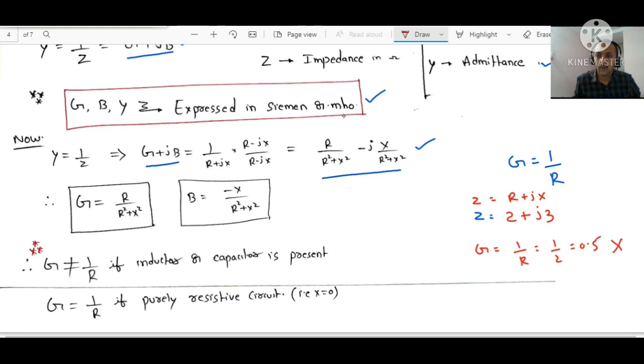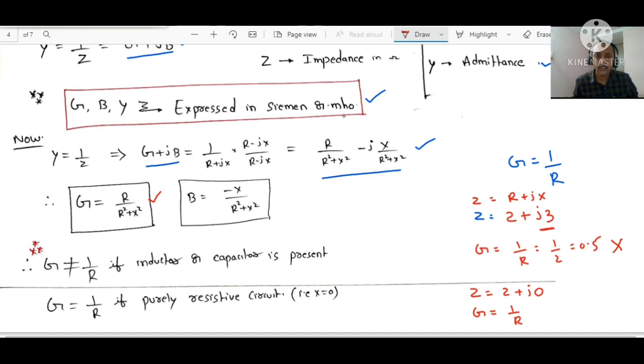But this is wrong. If you are having inductive part, or if you are having reactance, it is wrong. If I say only Z equal to 2, if there is no imaginary part, then your answer is correct. If Z equal to 2 plus J0, then no doubt G equal to 1 by R, in the place of G equal to R divided by R square plus X square.